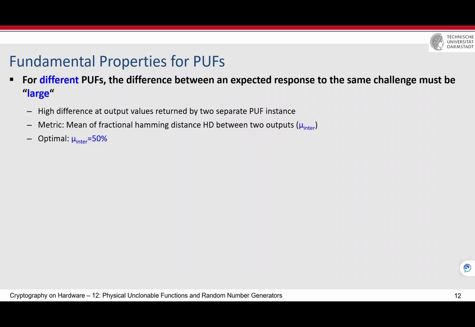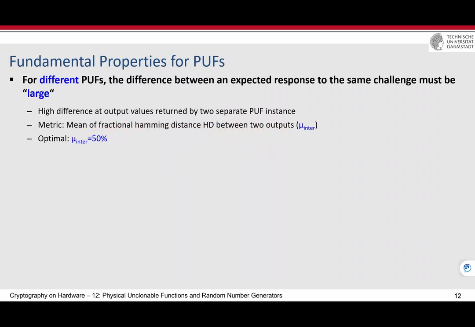If, for example, for one challenge you have a 10-bit output or response, giving this challenge to different devices should give you different values. But of course you cannot say that one response should be fully different from the other device, because fully different means that all 10 bits should be inverted, and then you have only 2 outputs. So the metric is the mean of the fractional Hamming distance between 2 outputs.